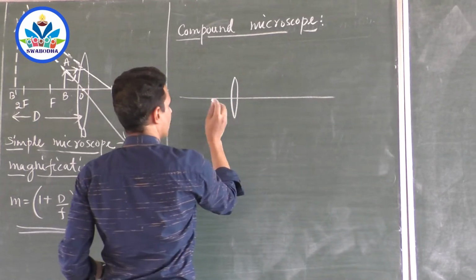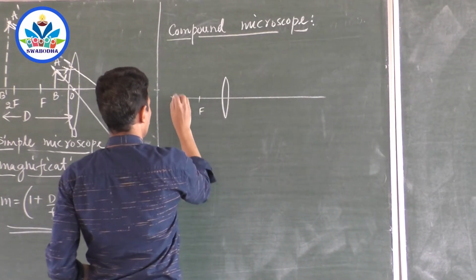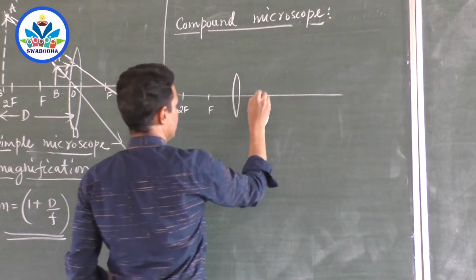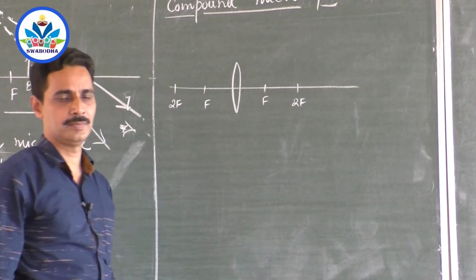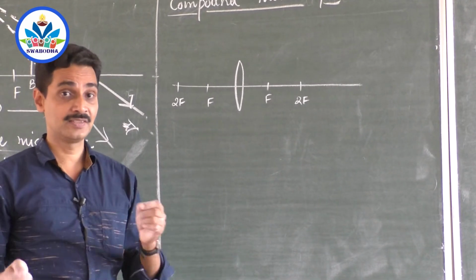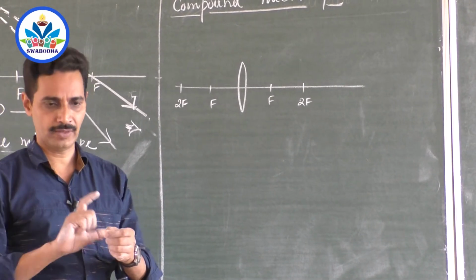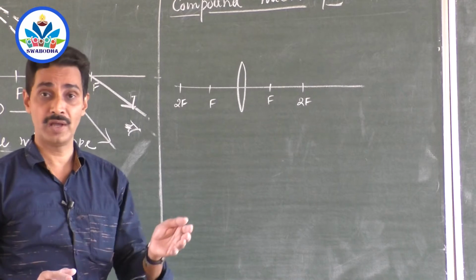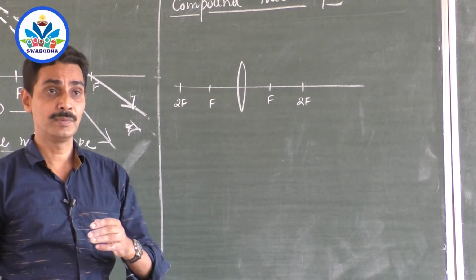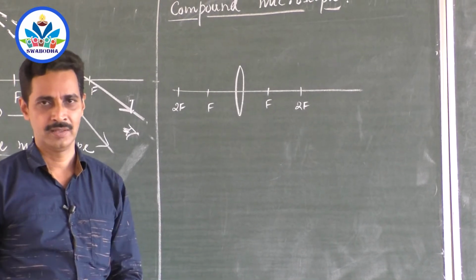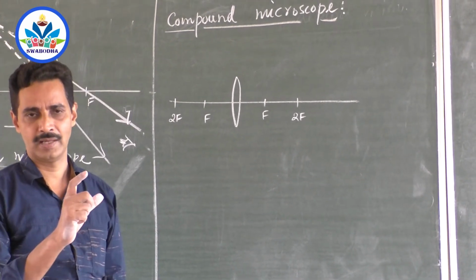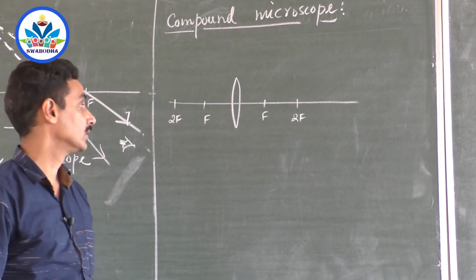And you know that a convex lens produces a real enlarged image. When will a convex lens form a real enlarged image? It is when the object is between f and 2f, because you know that anything beyond 2f in a lens, anything beyond the center of curvature in a mirror, is larger, whether it is image or object. Anything between f and c in a mirror or f and 2f in a lens should be diminished.